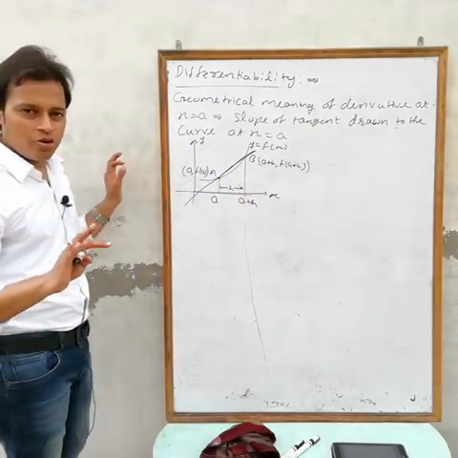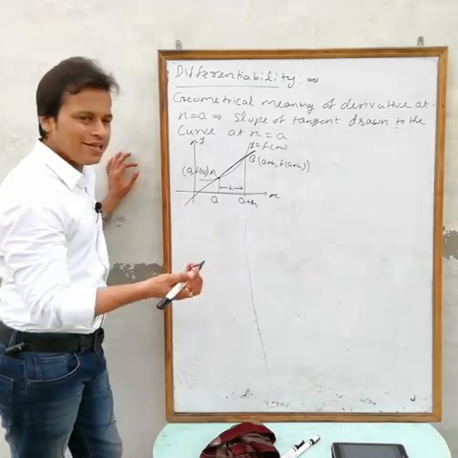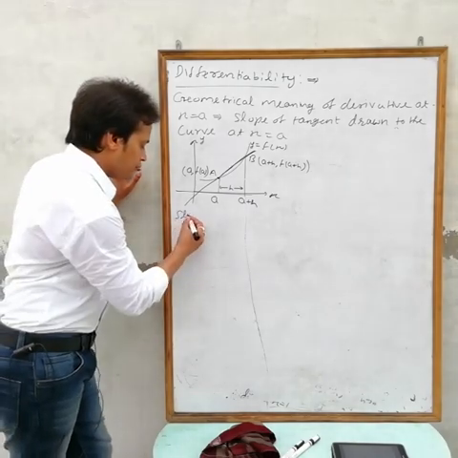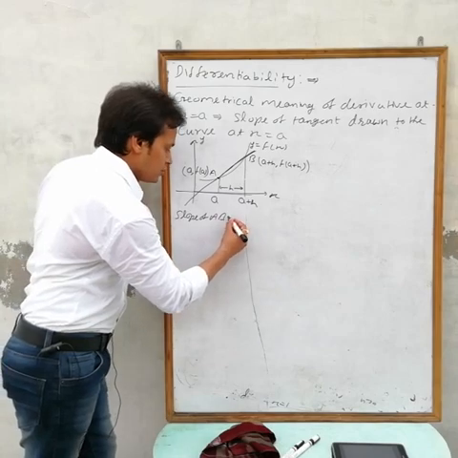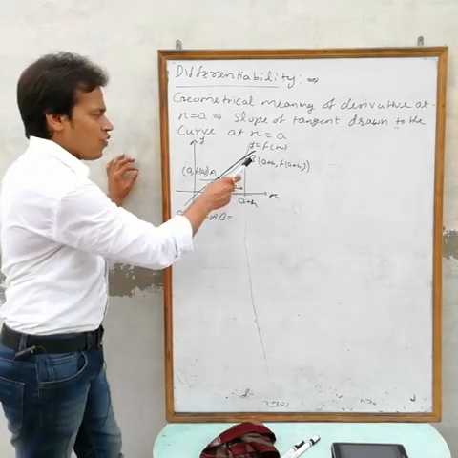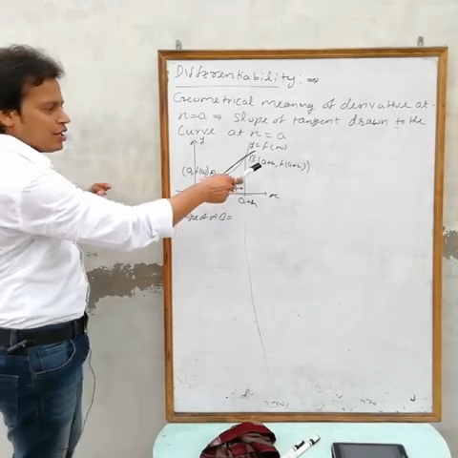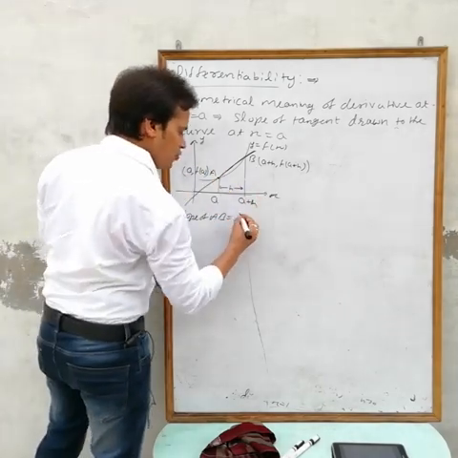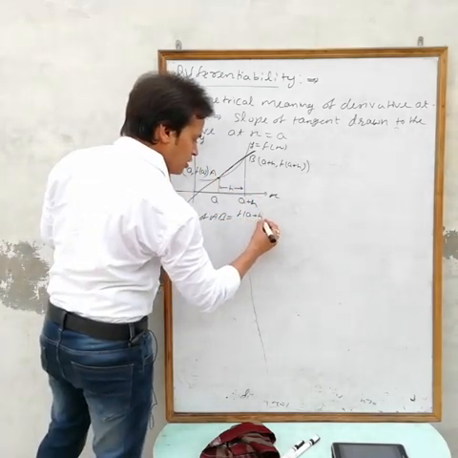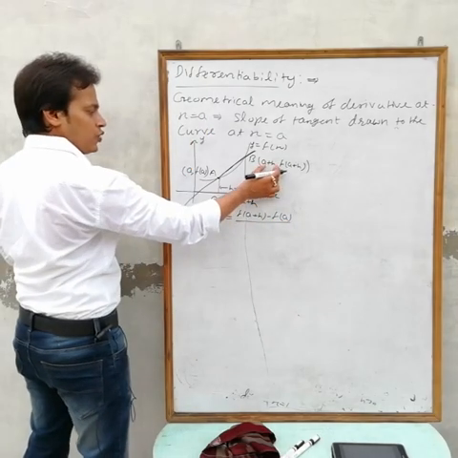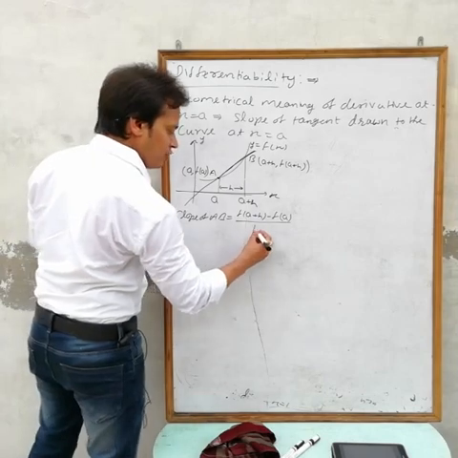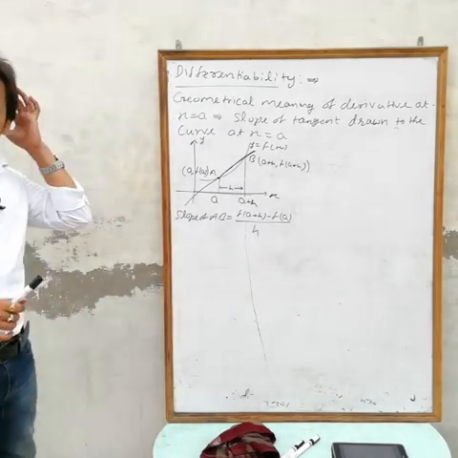So we can easily find the slope of AB, which is y2 minus y1 by x2 minus x1, that is, f(a plus h) minus f(a) by (a plus h) minus a, which is h. So this is the slope of AB.